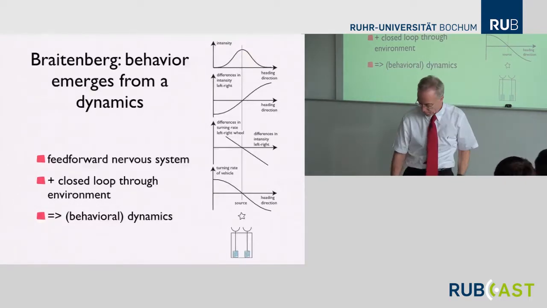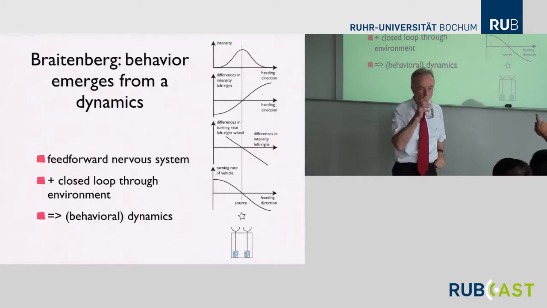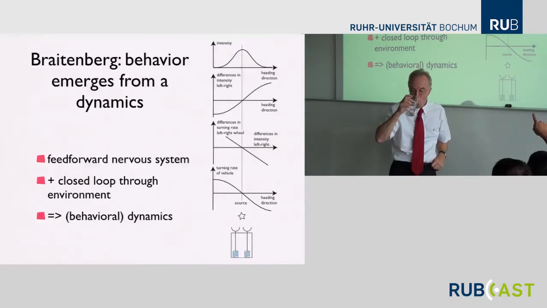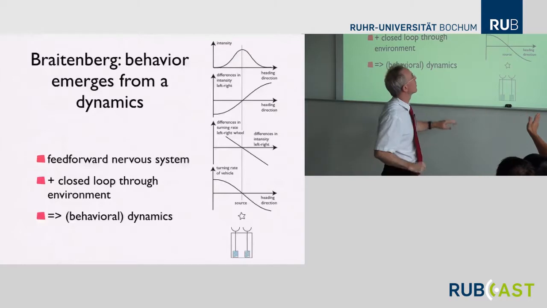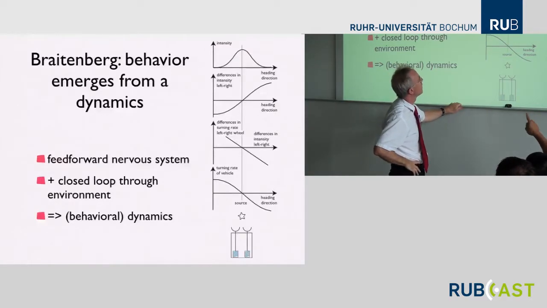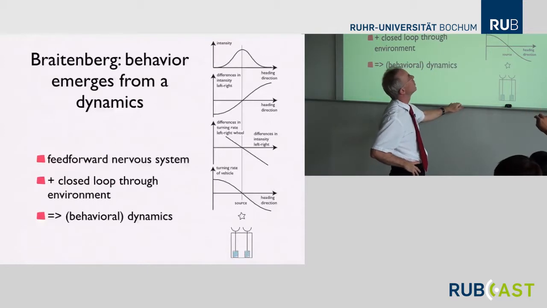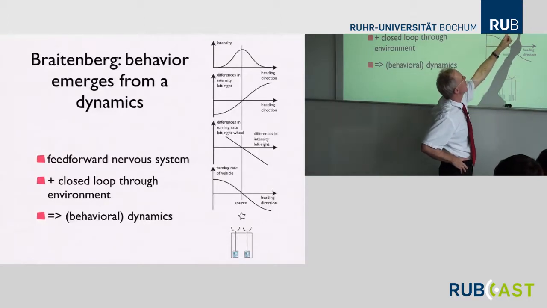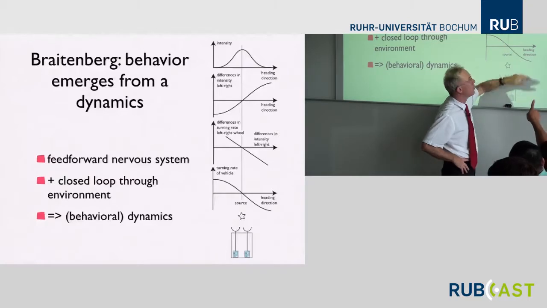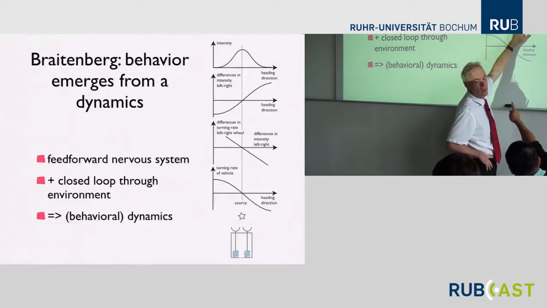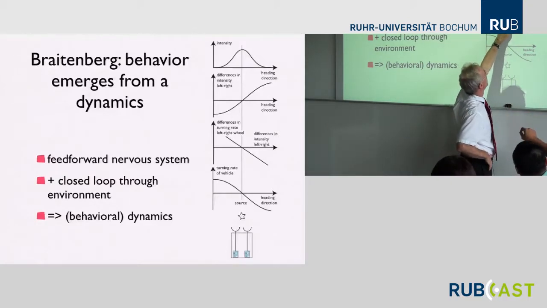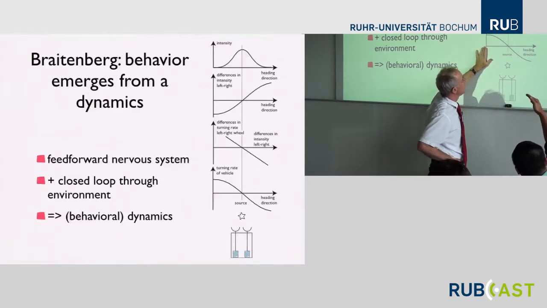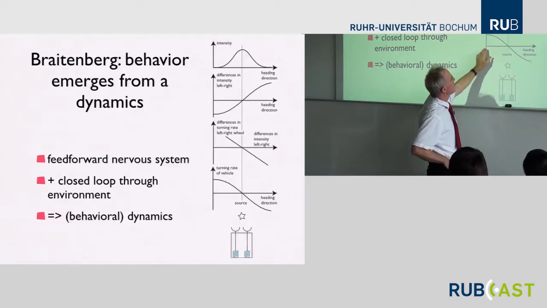Yes? In a way, I think the transfer function should be shifted to the origin so that we can have the reflection of the differences in intensity and head direction. So you think this, or on top? That one should be shifted to the origin. That is right, and in fact you're right.